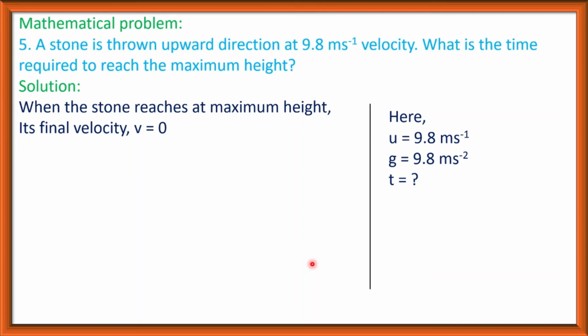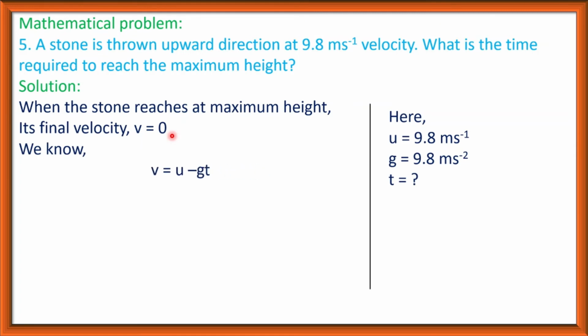Therefore, when the object moves upward, its acceleration due to gravity will be negative. That means velocity will be decreased, and at a certain time its velocity will be 0. And when its velocity is 0, the object will not move upward further. It will return back to the ground. So at maximum height, velocity v is equal to 0.